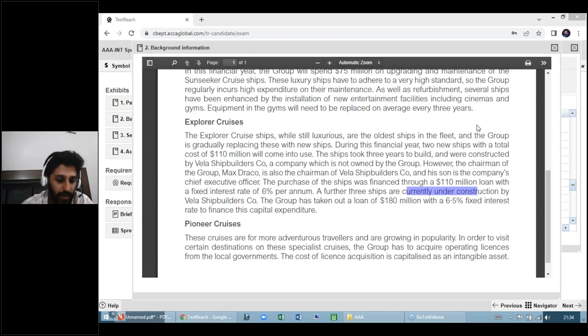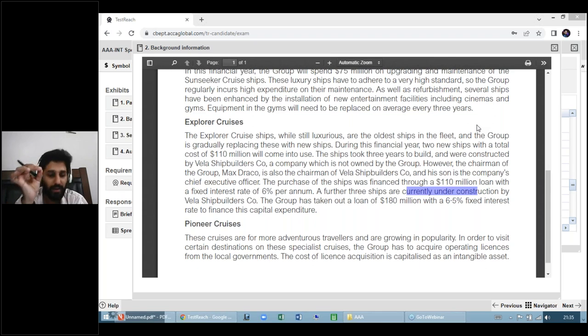I'm repeating once again. The borrowing cost is capitalized for the qualifying assets, right? When the activity is about to start, and those ships were already purchased. So 3 ships are under construction, and for that 180 million was taken out from the loan.